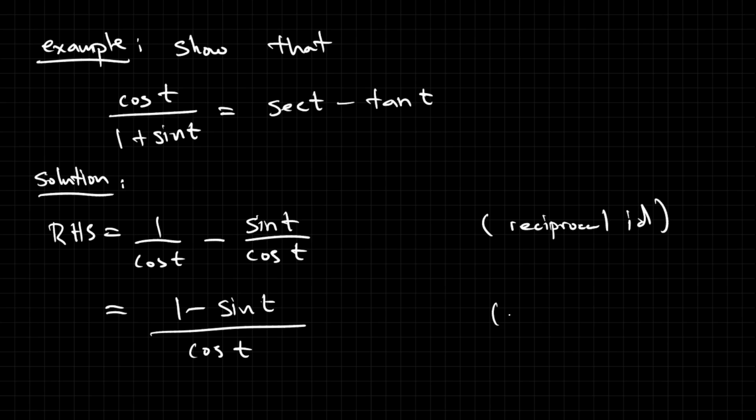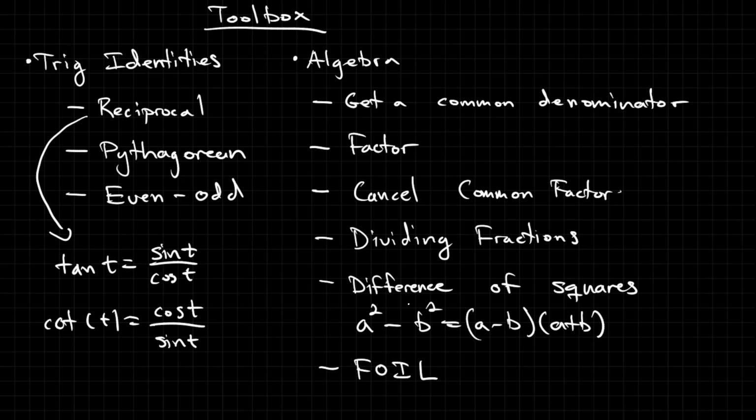So that's just an easy algebra step. I guess you could put combining fractions if you wanted. And now, how am I going to get this to look like cosine t over 1 plus sine t? It doesn't seem to me that there's anything in our toolbox that will help out here. Get a common denominator, factor, cancel, dividing fractions, difference of squares.